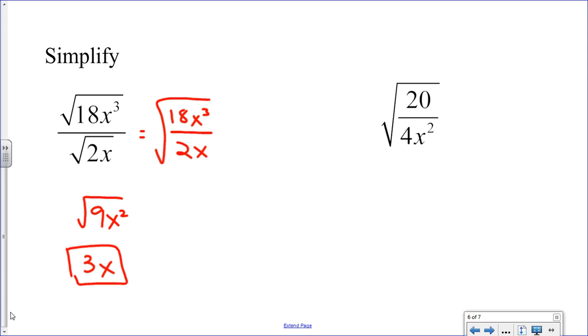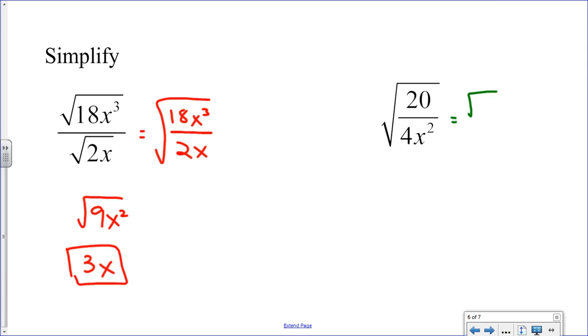Okay. Over here, yes, you could do 20 divided by 4 and get 5. But I see that I already have a perfect square in the denominator, so I'm going to separate these. Either way you do this, you're going to end up with the same answer.